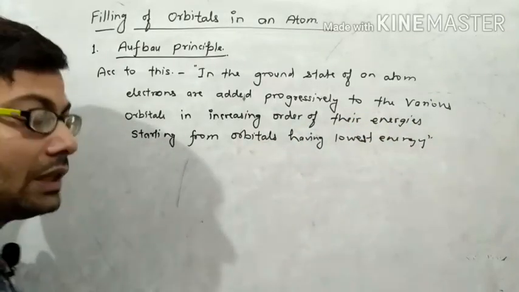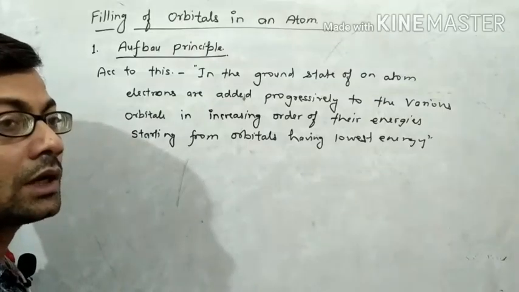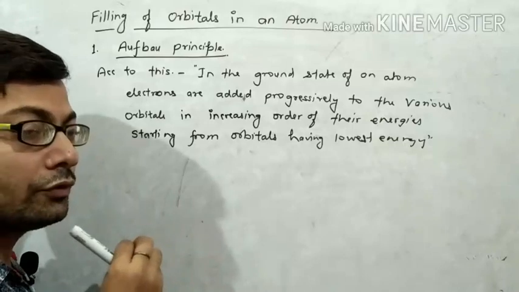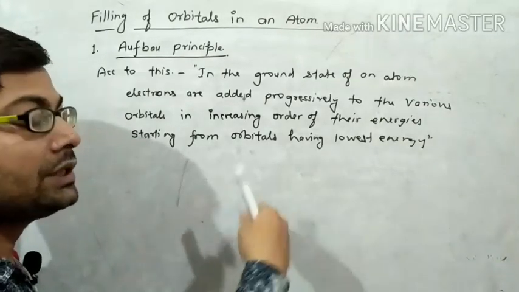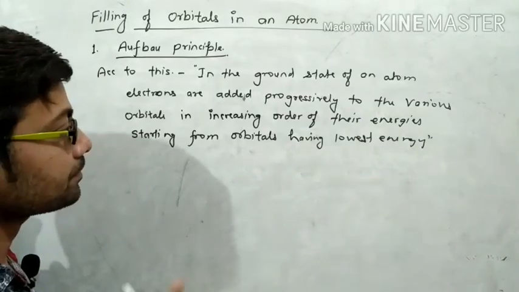Means when we fill the orbitals, we always follow the rule: firstly you fill the electrons in the lowest energy orbitals, then in orbitals of increasing energy, right?